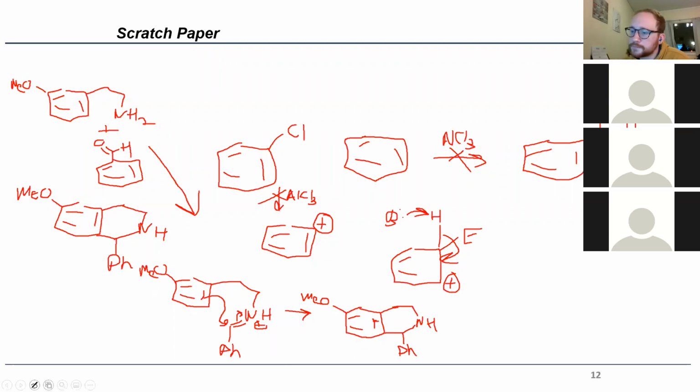And now we have a carbocation here and hydrogen here. And so elimination of that hydrogen gets us to the product. And so no, there won't be another double bond.